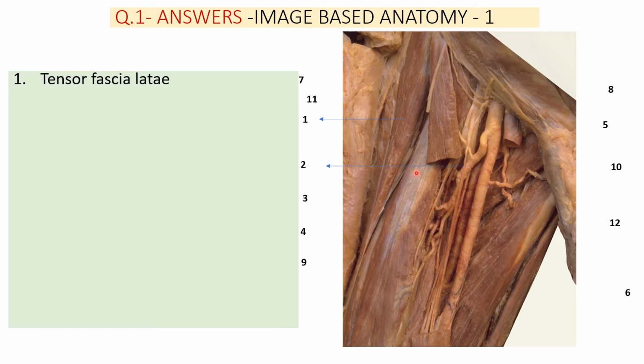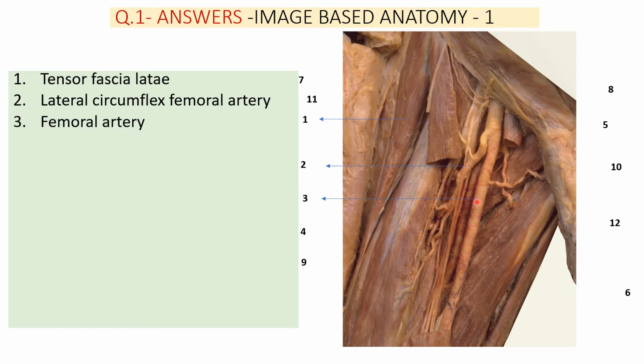Then what is this second one? It's a blood vessel. So what could it be? It's the lateral circumflex femoral artery. Then coming to the third one, which is also a vessel, that is the femoral artery.